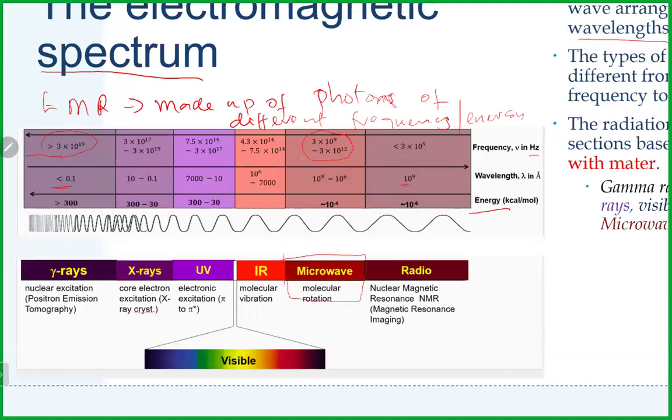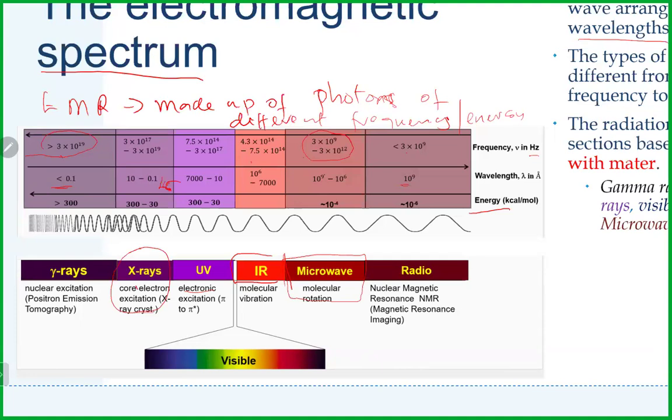If you move on to higher frequency, it leads to vibrations of bonds. If you move on to higher frequency, you have excitation of electrons, those that are very loosely bound. And then if you continue, you can now excite core electrons.